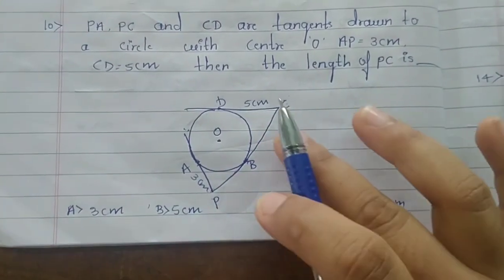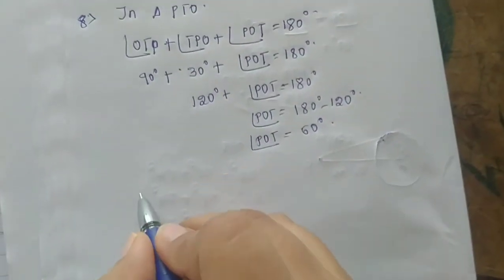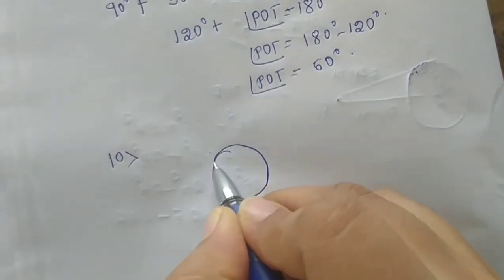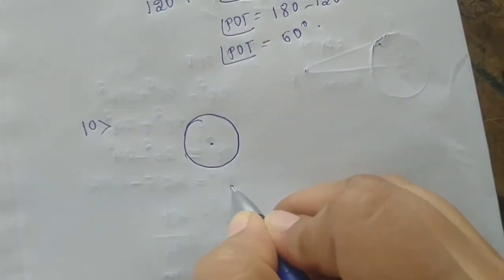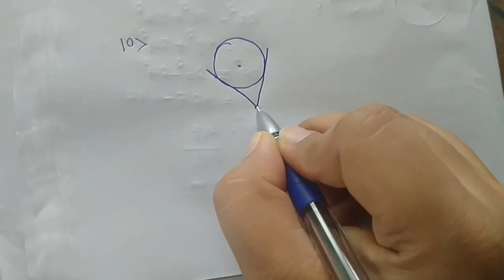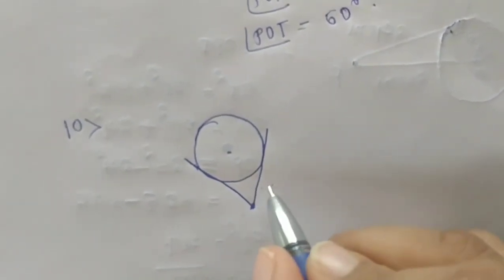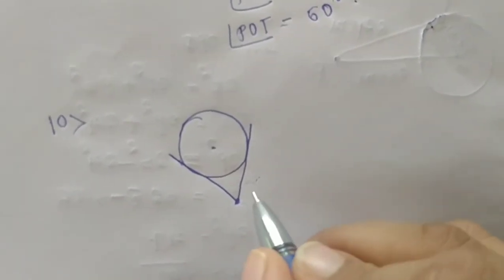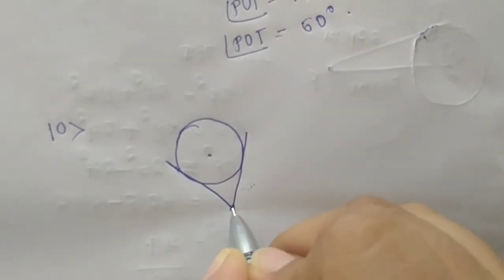Okay, so now here you can see this one, 10th question. This is a circle, right? Now the tangents drawn from one common point have equal length. Here you can see these are the two tangents, drawn from an external point, that is the common point, right?